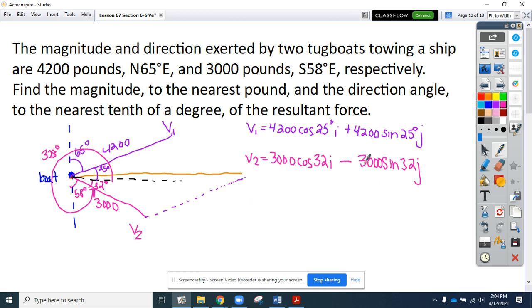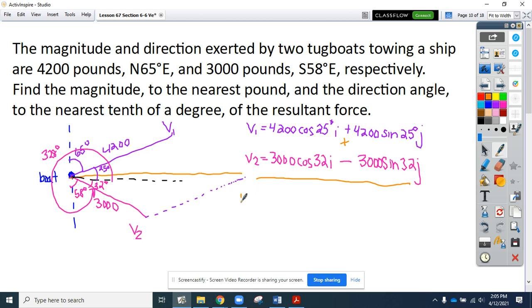All right. So what am I doing now to find this resultant? To find the resultant, I am adding these two together. So I went ahead and I kept it exact. I'm just going to type in 4,200 cosine of 25, 3,000 cosine of 32, adding them together.